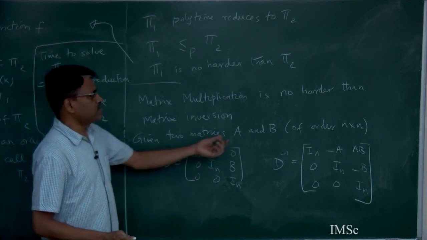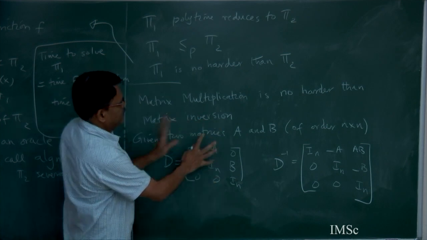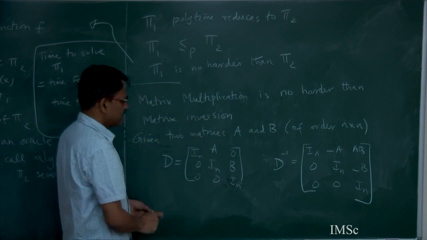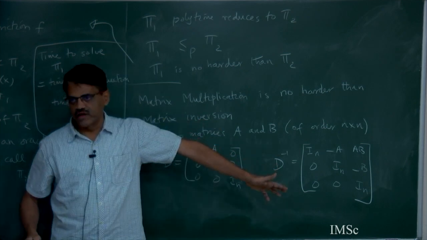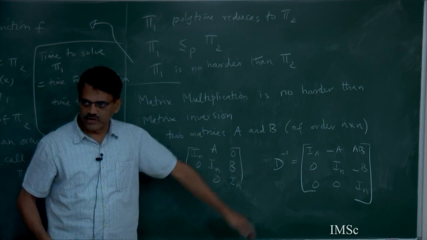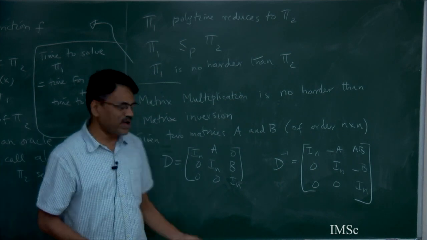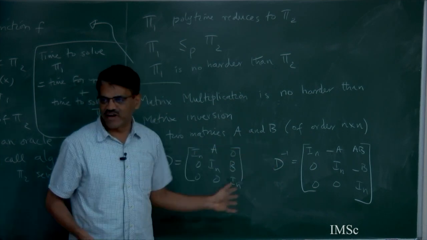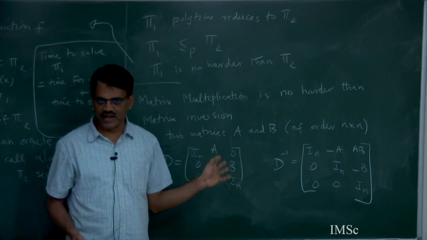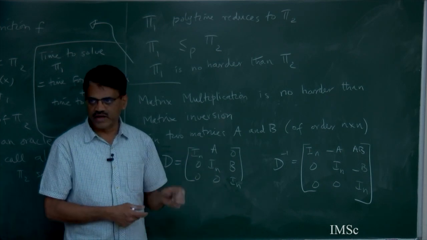So, here are the two matrices I want to multiply. I plug them into this big 3n by 3n matrix and ask my inversion algorithm. It will produce this, and I pull out this entry and I get my product. Okay, why is D inverse this? You can verify. Just multiply and check that it actually produces identity, right?